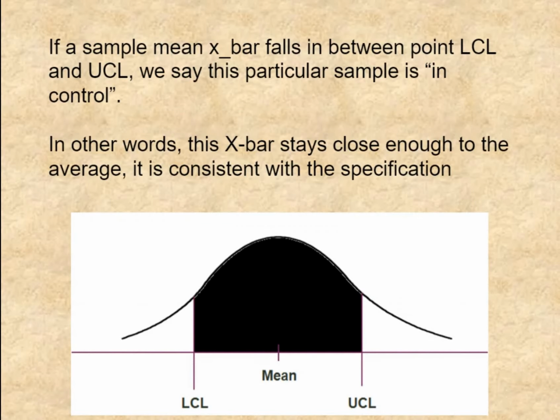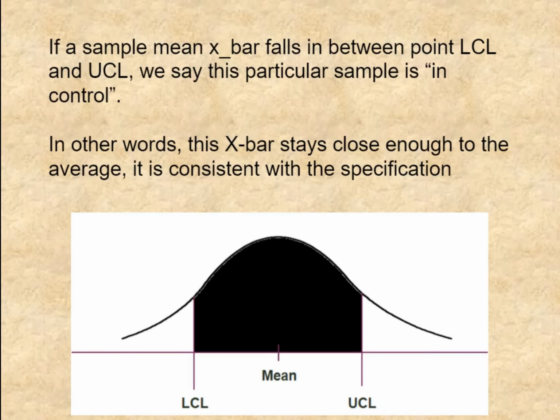Now, for any given sample, remember we have 3 samples in our example, we take one of them out. Now, if the x bar, which is the sample mean, falls in between 2 points, what are the 2 points here?